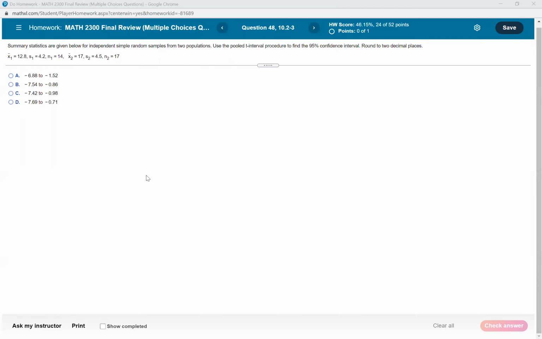Okay, summary statistics are given below for independent simple random samples. Now we need to construct the 95% confidence interval, so alpha is 0.05, and we are using a pooled t interval. That means you have to use this formula.